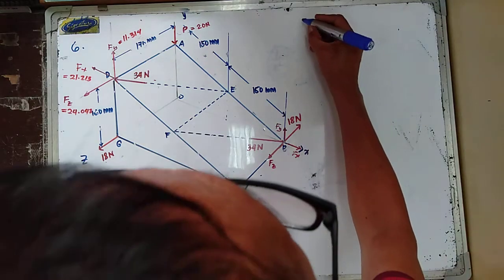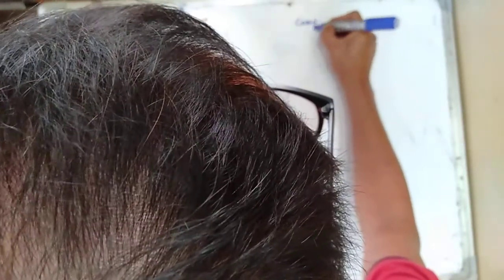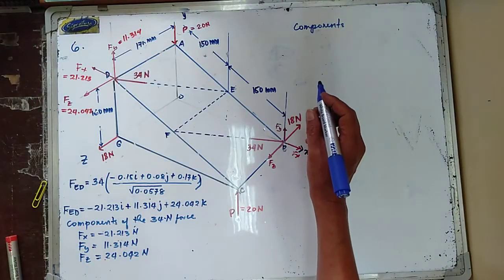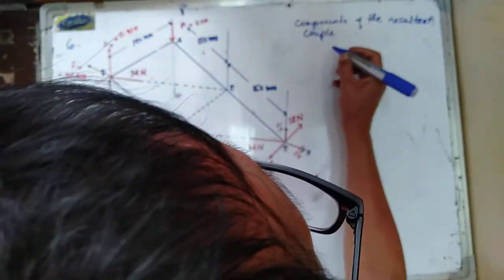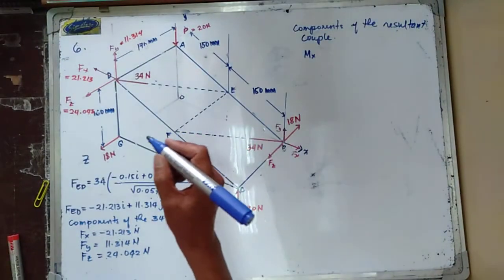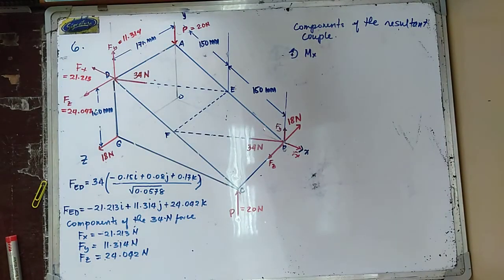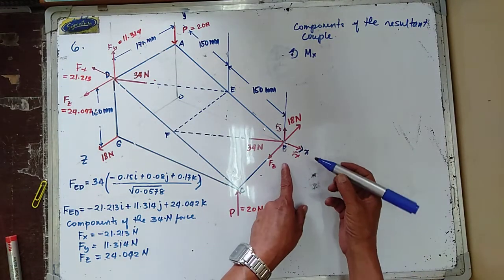Let's now determine the components of the resultant couple. So the components of the resultant couple, we now have your Mx. So it's the moment about the x-axis. Counterclockwise moment is positive. So I'm going to start at this point.